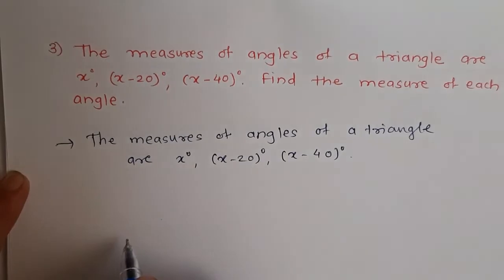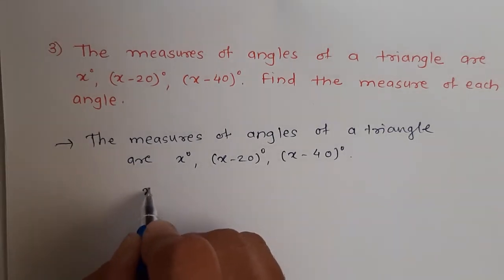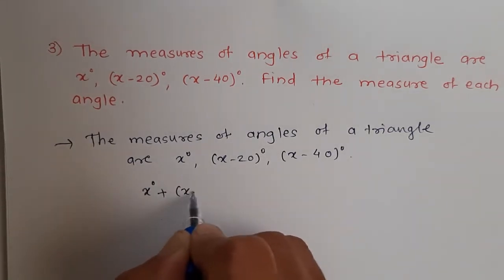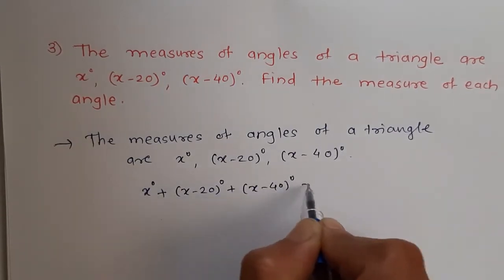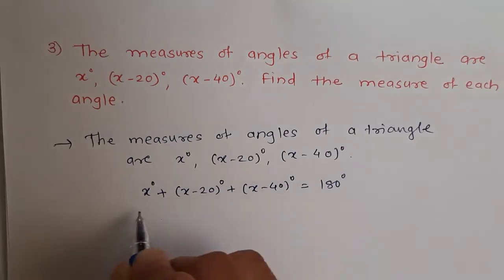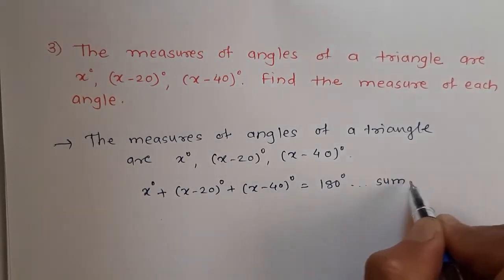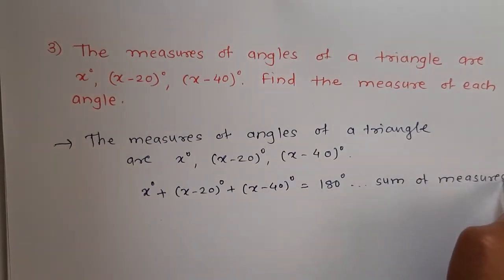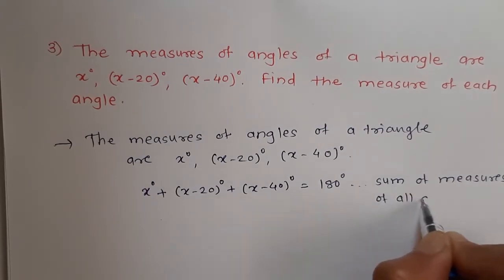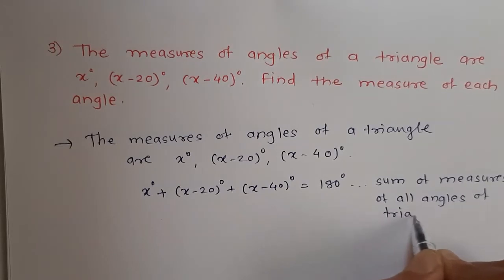As we know the criteria, the sum of the three angles of a triangle is 180 degrees. So we can use this criteria to find the value of x. So x degrees plus x minus 20 degrees plus x minus 40 degrees equals 180 degrees, because these are the three angles of a triangle. The sum of measures of all angles of a triangle is 180 degrees.